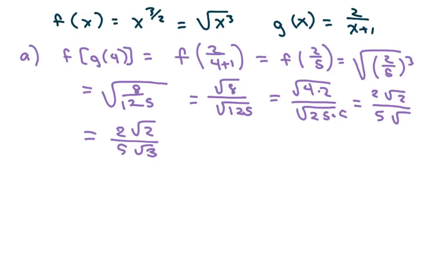Should be 5, so change this. We have to rationalize the denominator. Multiply square root of 5 over square root of 5. And that's going to give you 2 square root of 10 over 5. All right?